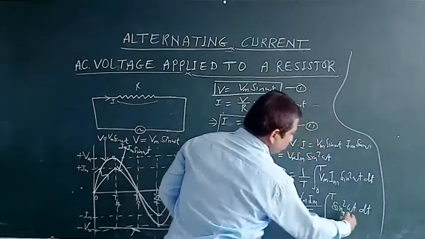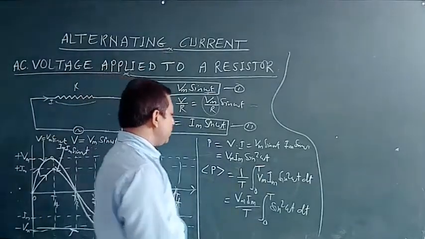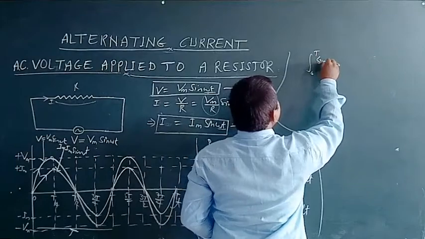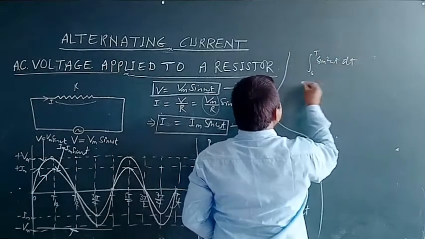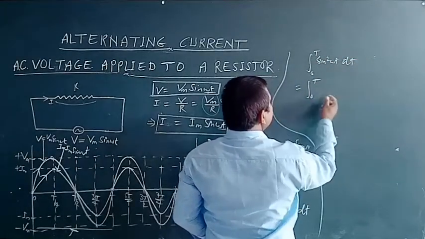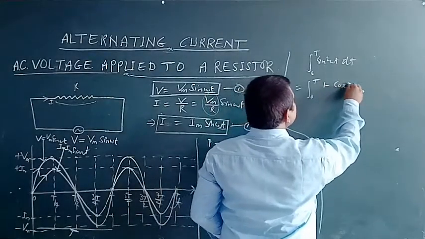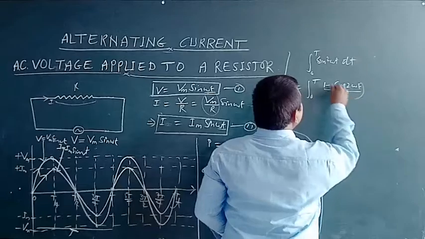Now let us find the value of the integral from 0 to T of sin square omega t dt. As we know, sin square omega t can be expressed as (1 minus cos 2 omega t) by 2.